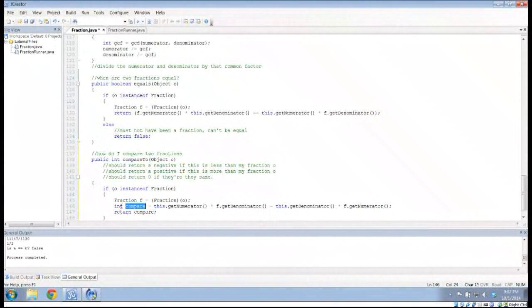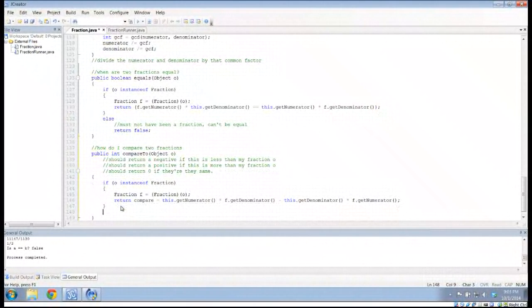So again, I don't want to create a variable, I just want to actually return it. So this is going to return a negative number if it's less. It's going to return a positive number if this is more. And it's going to return a 0 if they're the same.